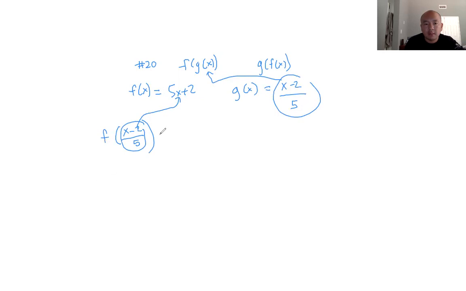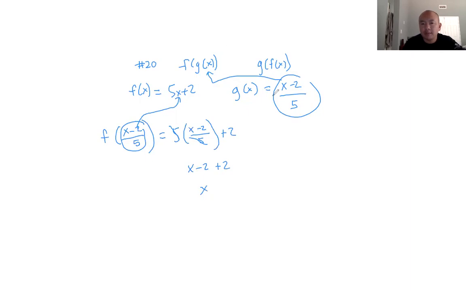So it ends up becoming 5 times x minus 2 over 5 plus 2. You cancel these out, because the 5 times and the 5 in the denominator cancel out. So it ends up becoming x minus 2 plus 2, which equals x.